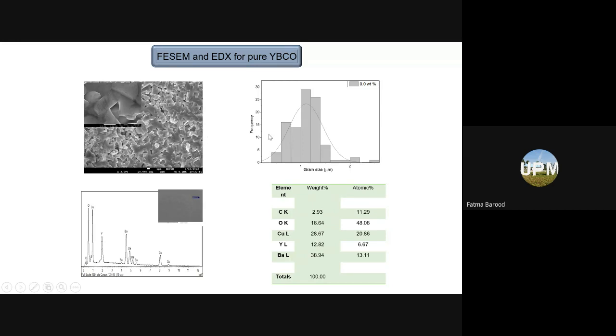The average grain size was determined from 100 grains and was around 1.2 micrometer for the pure sample. EDX of pure YBCO shows the elements' weight and atomic percent, and the peaks corresponding to YBCO were also observed for this sample.